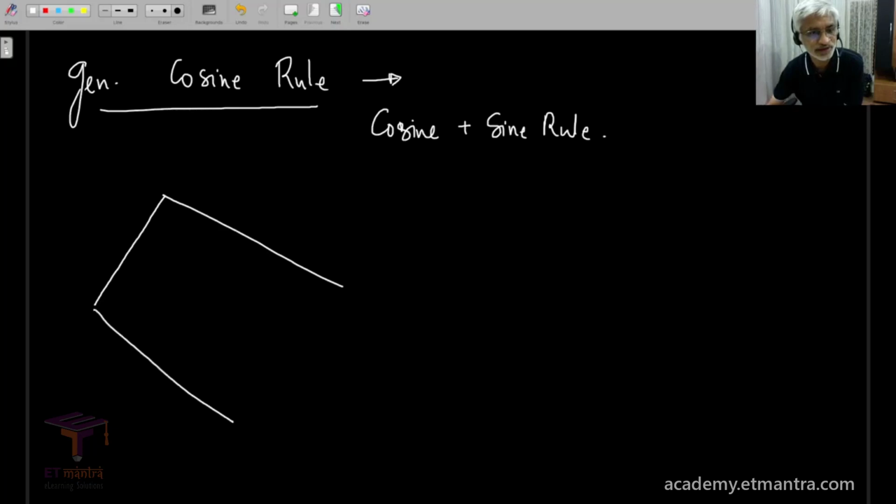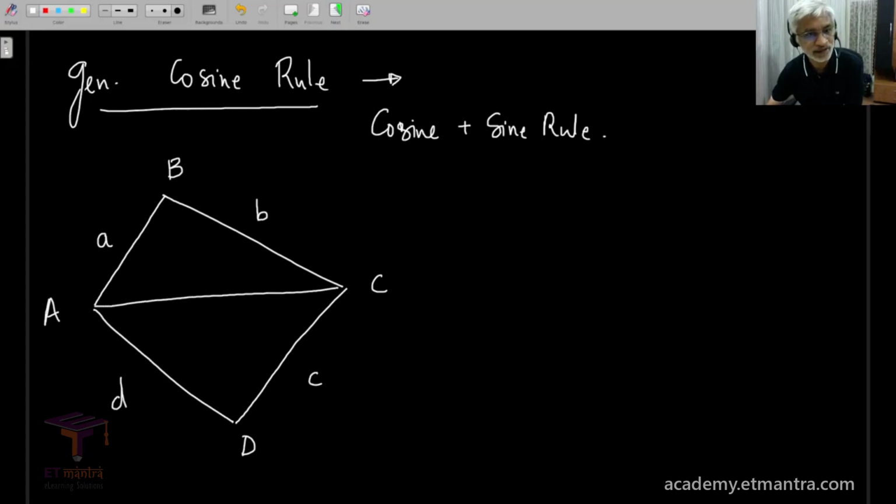So I'm going to state the generalized cosine rule for the quadrilateral, and we will use notation which we have used before and are pretty comfortable with. Let's call these the diagonals d1 and d2.